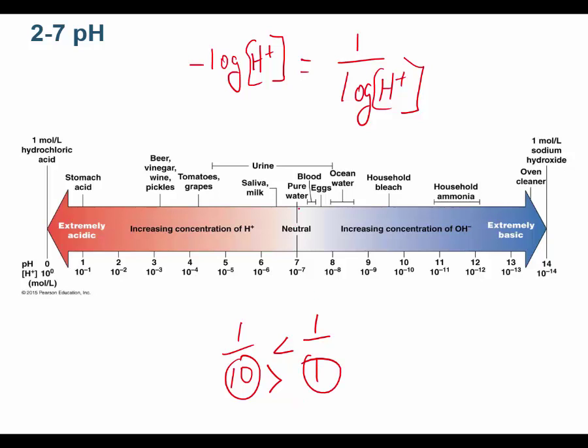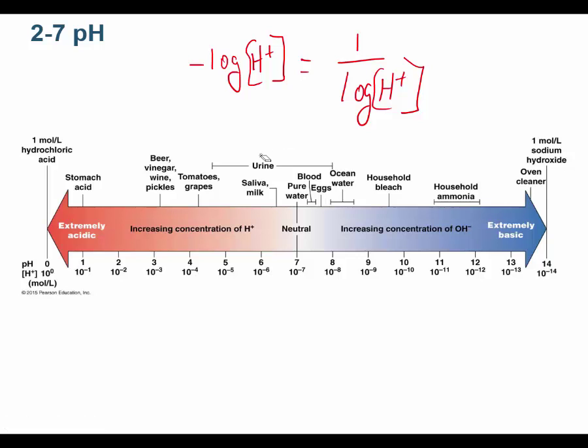So on the pH scale, you become more acidic as you go down, because pH is the negative log, or 1 over the log, of hydrogen ion concentration. And because the hydrogen ion concentration is in the denominator, the pH scale is inverse, meaning the more hydrogen ions you have, the more acidic you are, the lower your pH value, because the hydrogen ion concentration is on the bottom of the fraction.